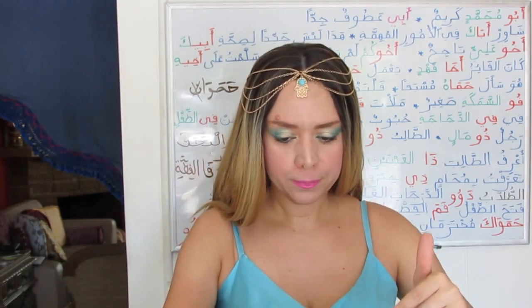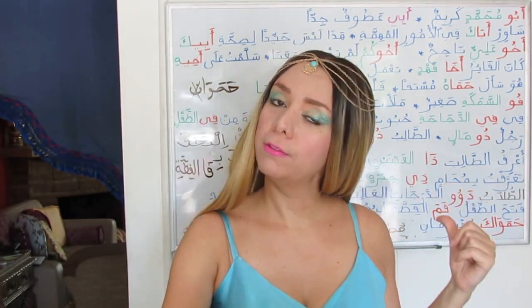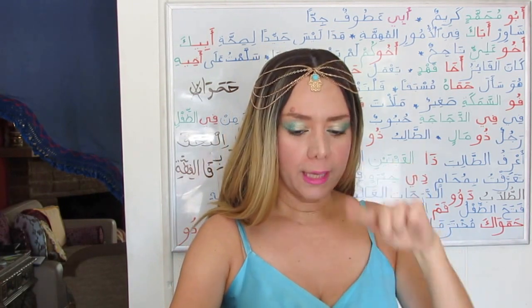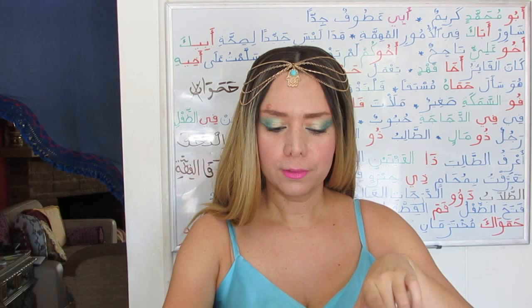When the syntactic case is accusative, the long vowel alif replaces the short vowel فتحة for the 5 nouns, الأسماء الخمسة. When the syntactic case is genitive, the long vowel ya replaces the short vowel كسرة for the 5 nouns.